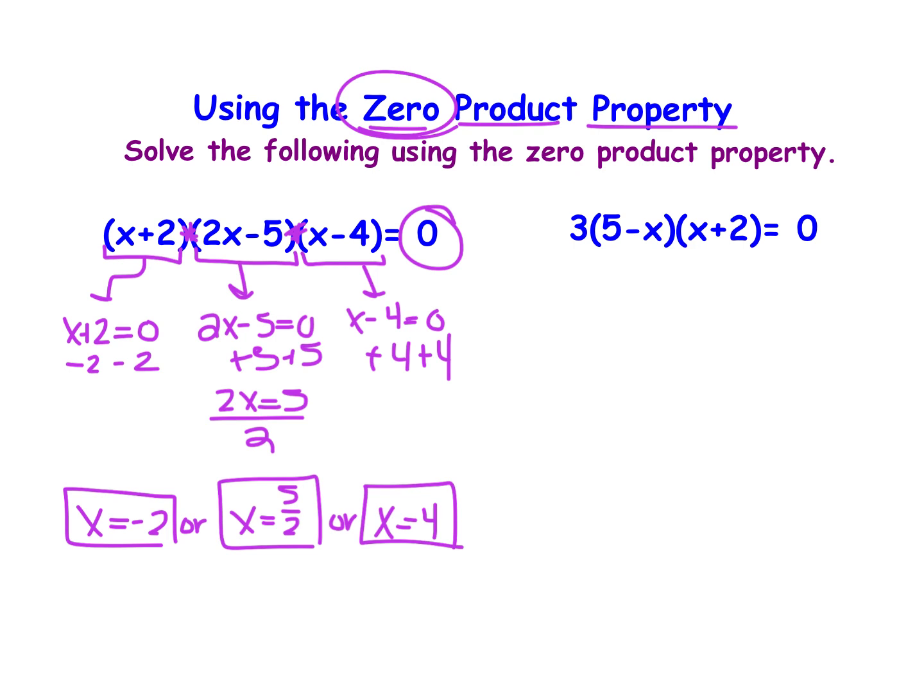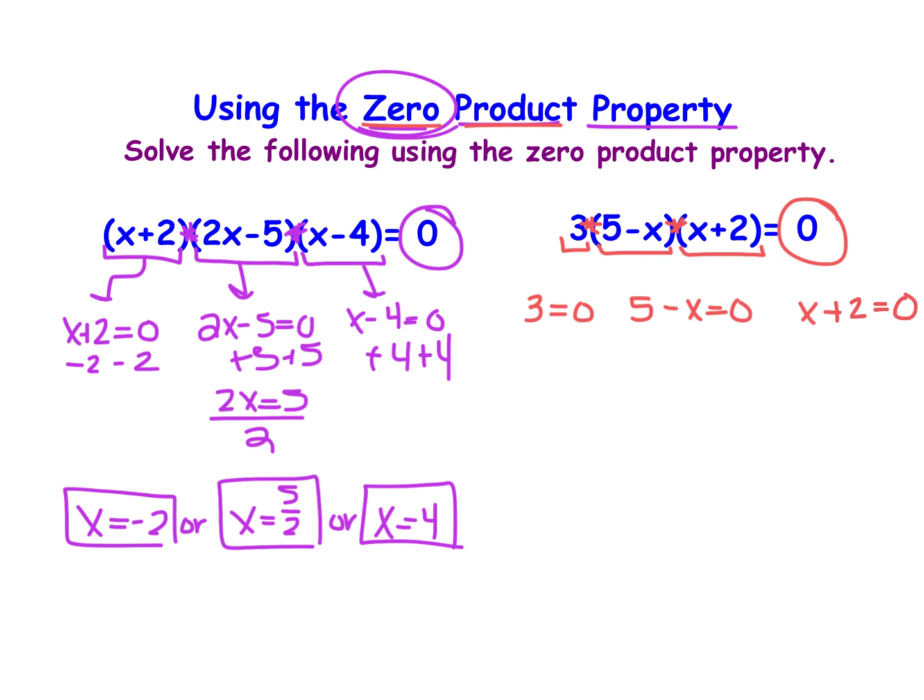So then final example here, I notice I have 3 times 5 minus x times x plus 2. So again, I notice I have 3 things being multiplied, and they all equal 0. So that means 0 product property. So from here, I then look and I can set each component equal to 0. So I have 3 equals 0, 5 minus x equals 0, and x plus 2 equals 0.